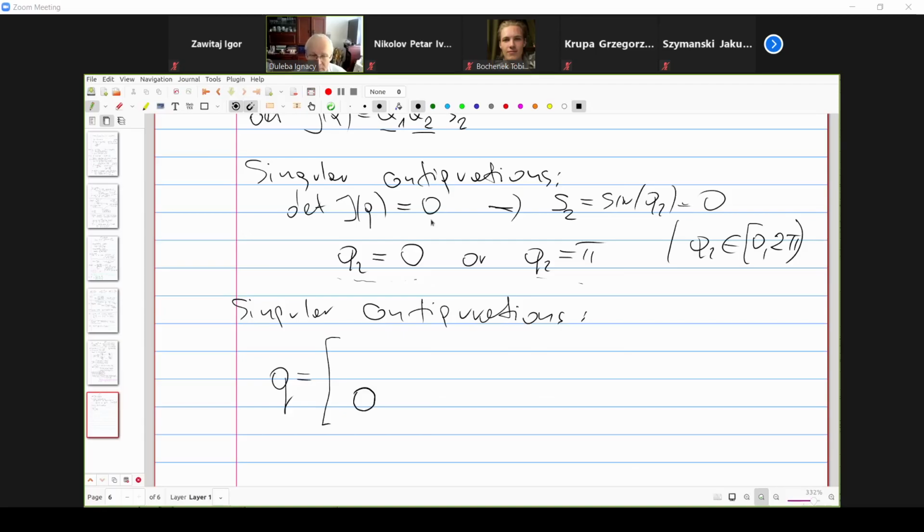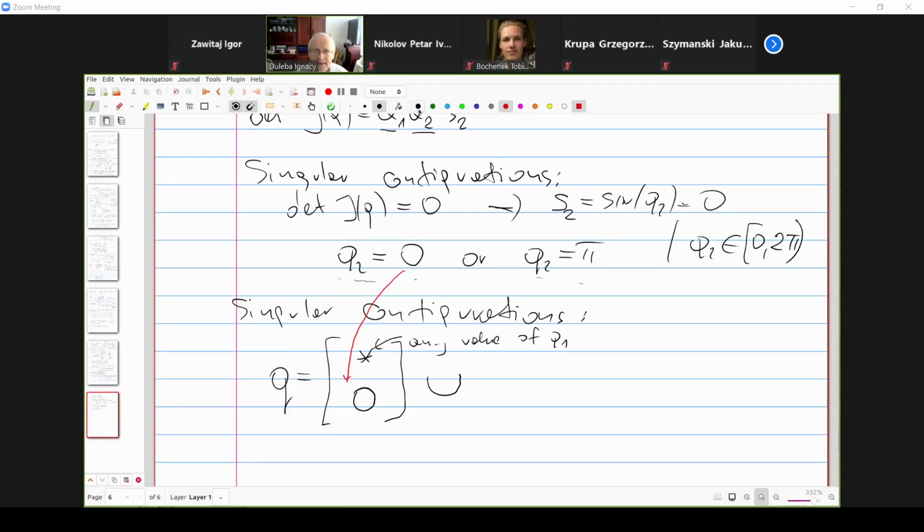No one can help me. I can plug in any value here. Usually it is marked with a star. So singular configurations are any value of Q1 and 0 value of Q2.